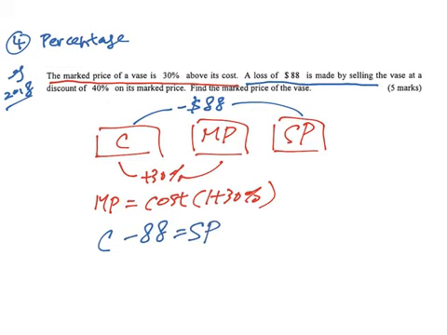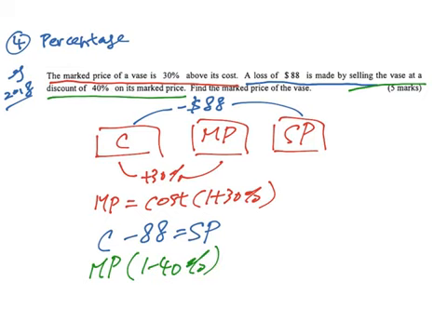For the last equation, we'll compare the selling price and the mark price. The mark price with a discount of 40% is equal to the selling price. There is a 40% discount between the mark price and selling price.